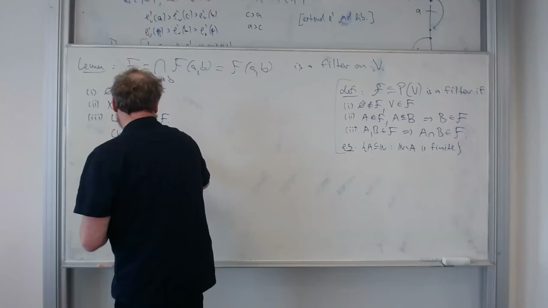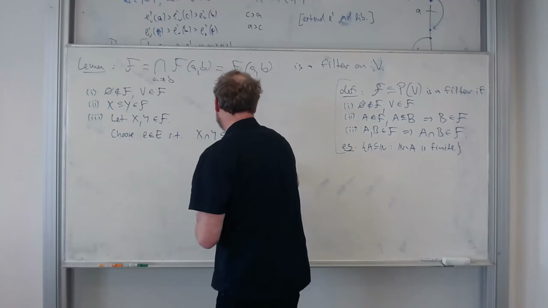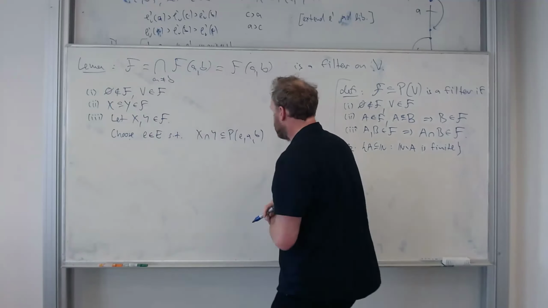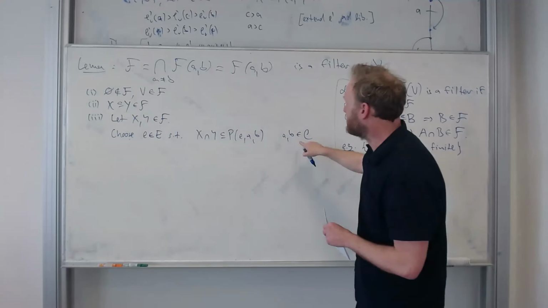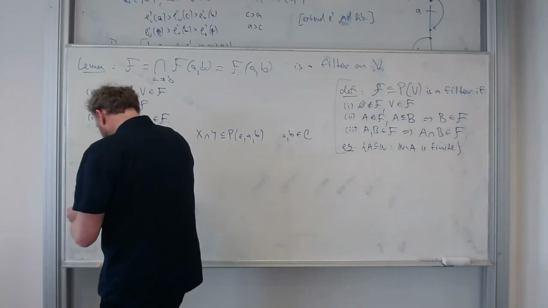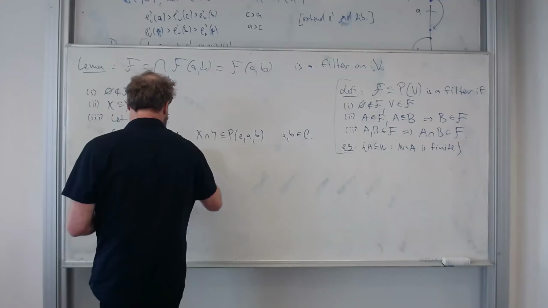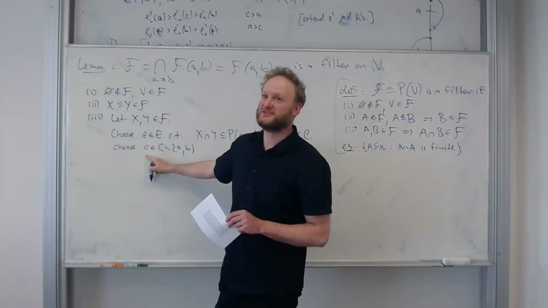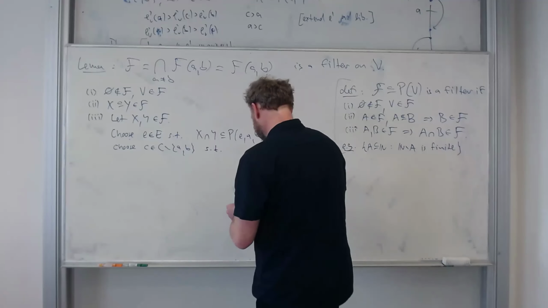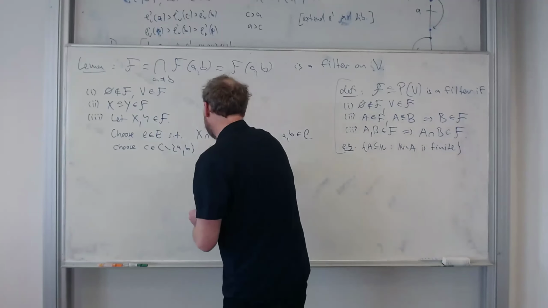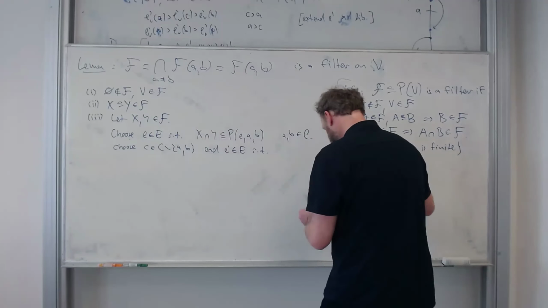Choose an election such that the intersection is the preference set, or is at least the preference set of A over B for some A over B. We know already, it doesn't matter which. And choose some other candidate, which is possible because there are at least 3 candidates, and an election, some other election, such that, and here comes the argument.